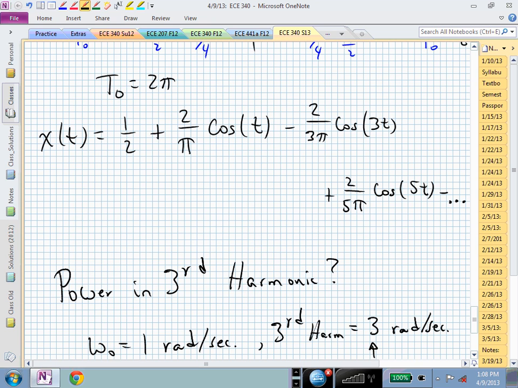Yes? There are probably a lot of ways to find the power experimentally in these harmonics, but you could potentially bandpass filter that and say, what's the power in the third harmonic? And now you know what that's doing, right?